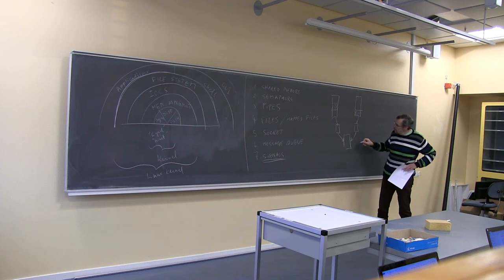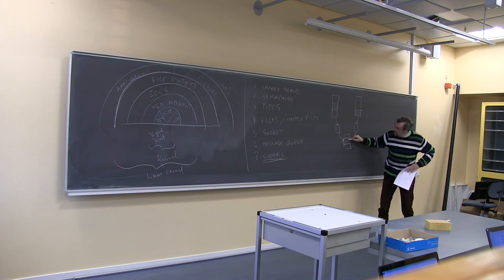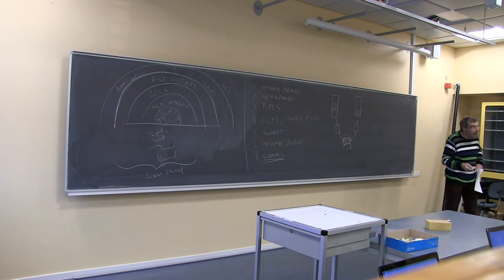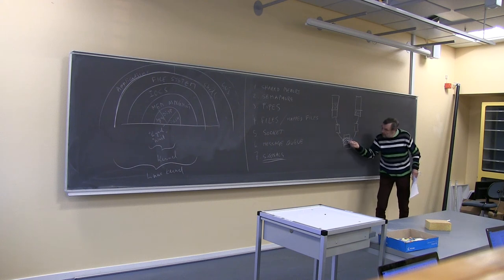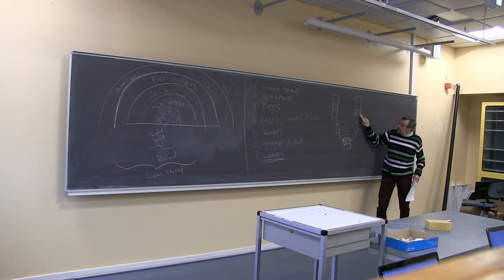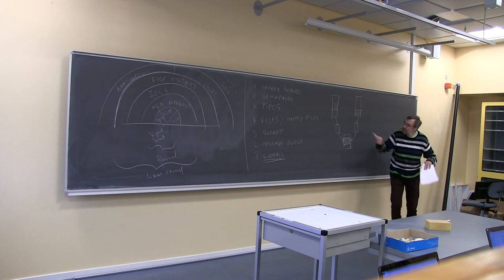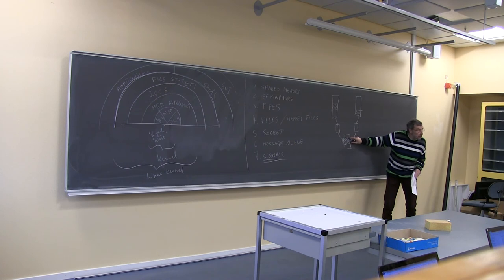Then we can ask the kernel to map these two virtual memory areas in the two different processes into the same physical pages in memory, which means that whenever you access a piece of data in this part of virtual memory, it will actually be a piece of data in this physical memory, which is also accessible through this part of the virtual memory. So these two virtual memory areas in the two processes contain the same data.